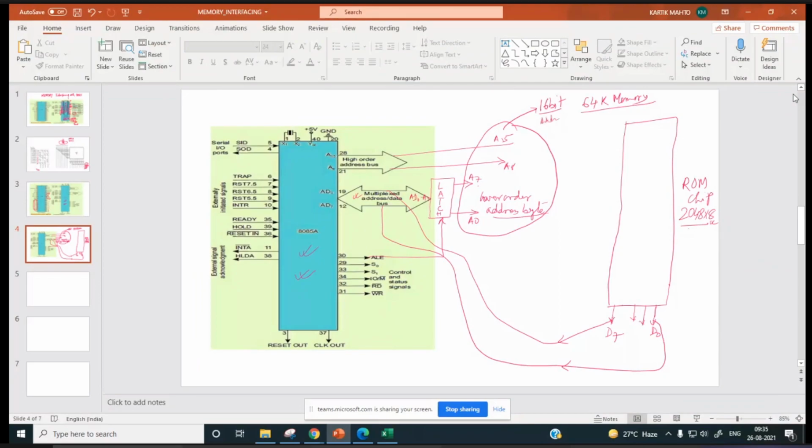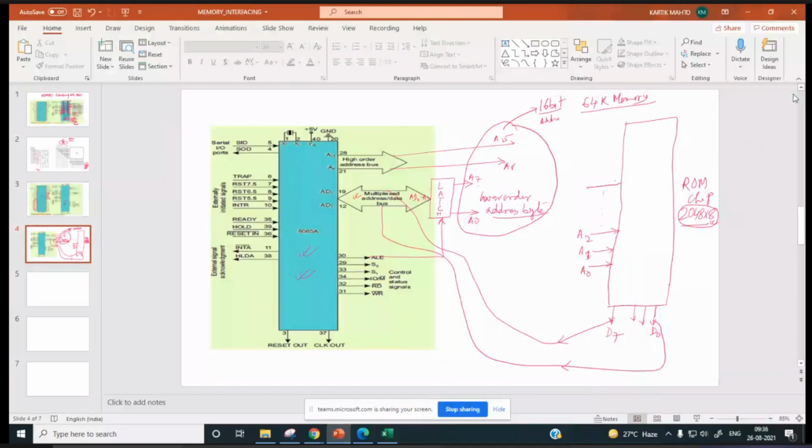For sending the address. Now in this 2048 into 8 ROM chip, how many address pins will be there? Anyone? 11. 11 pins will be there. So A0, A1, A2, what will be the last pin?